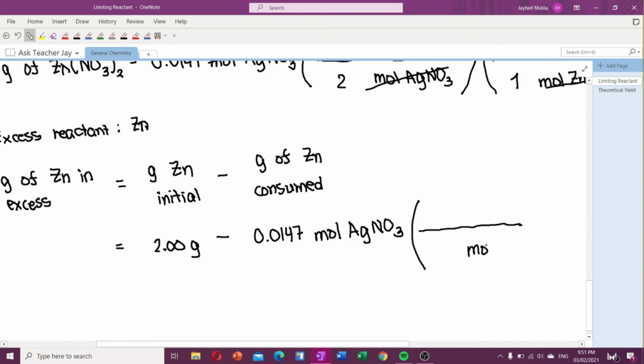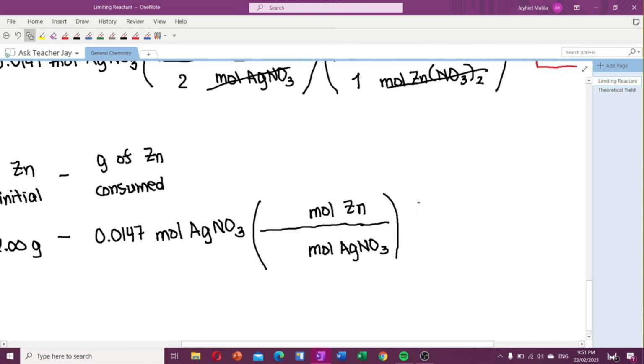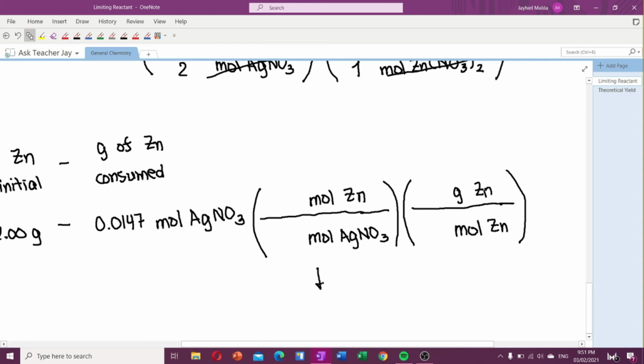The moles of AgNO3 should be converted to moles of zinc, because we want to convert the AgNO3 to the corresponding zinc that it requires for the reaction. Last but not the least, we are going to convert the moles of zinc to grams of zinc by using the molar mass. For this one, we're going to use the coefficients.